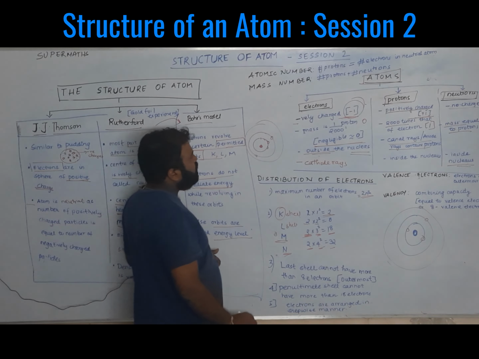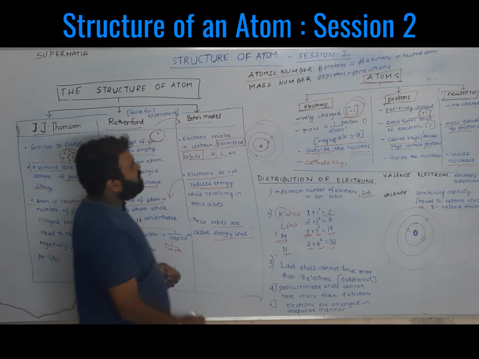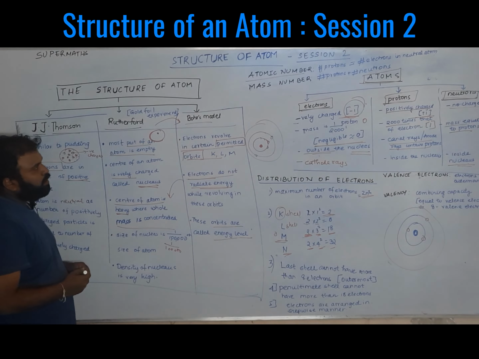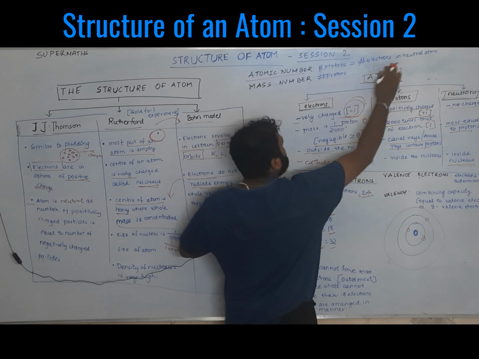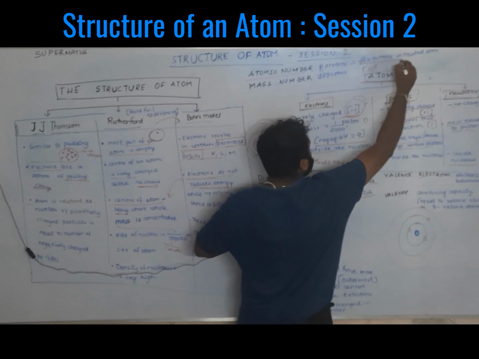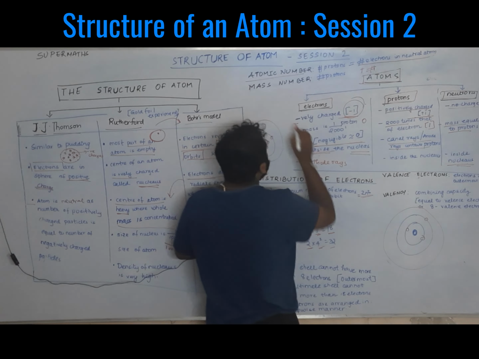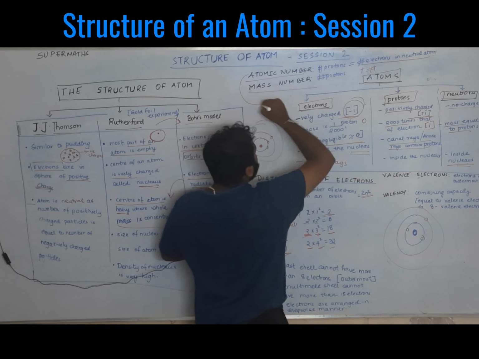Now there are two definitions which we need to understand. One is atomic number. Atomic number is the number of protons, which is equal to the number of electrons in a neutral atom. Atomic number always defines the charge.